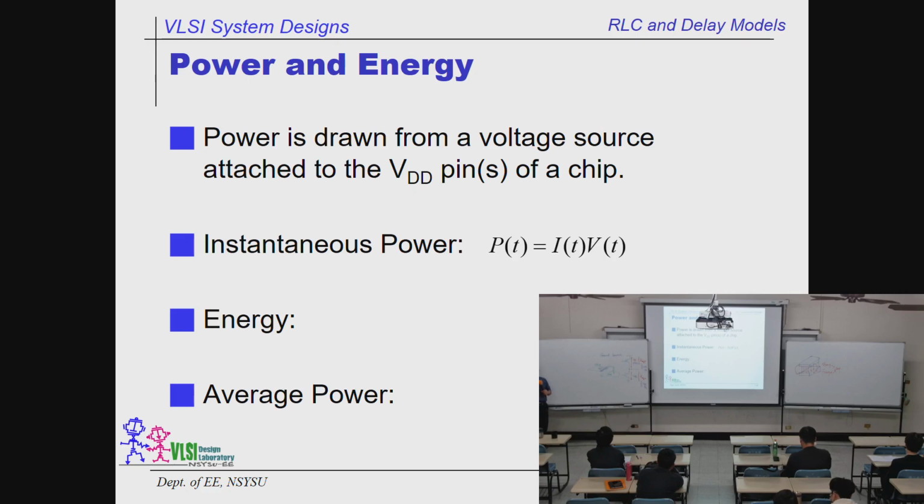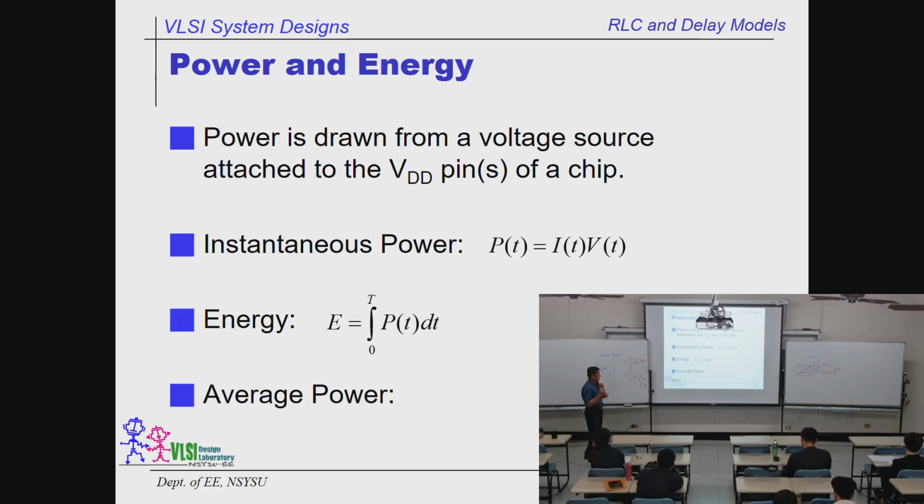So the power equals I times V with respect to time, and the energy is the integration of that over time. This is the definition, and this is the difference of these two terms. You've got to understand what we are talking about: is it power or is it energy?